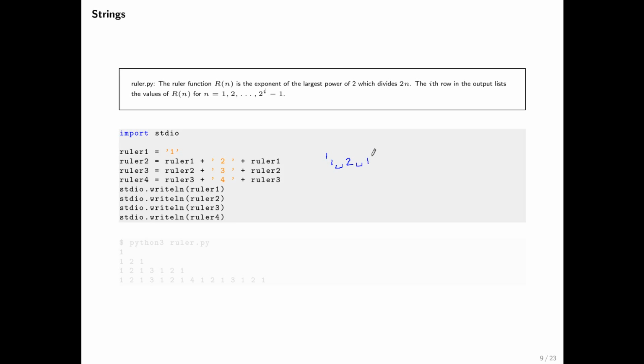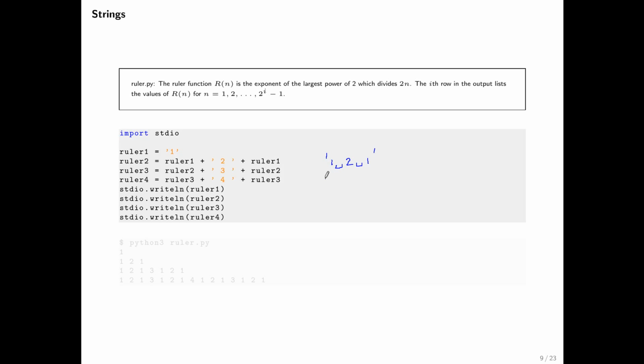That's what ruler2 is going to be. And then we define ruler3 to be whatever ruler2 was, plus this string literal, plus ruler2 again.